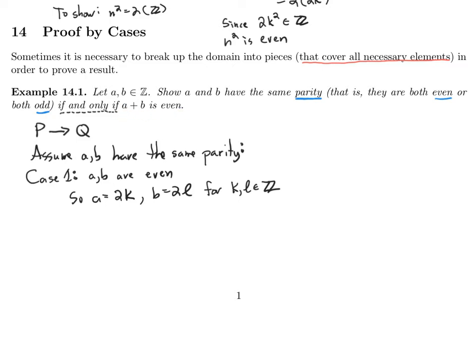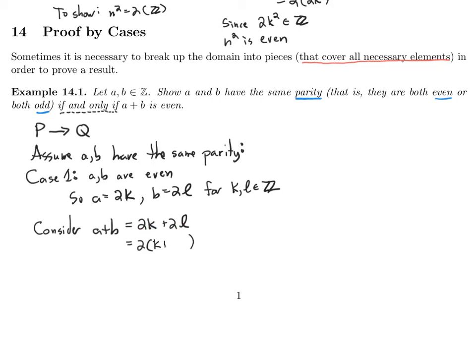So now let's consider A plus B. We want to show that that is even, so it equals 2 times some integer. So let's fill in A. We know A equals 2k. We know B equals 2L. And we want this of the form 2 times some integer. So let's just factor out that 2 from both terms here.